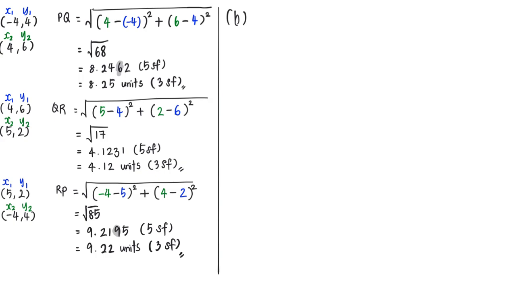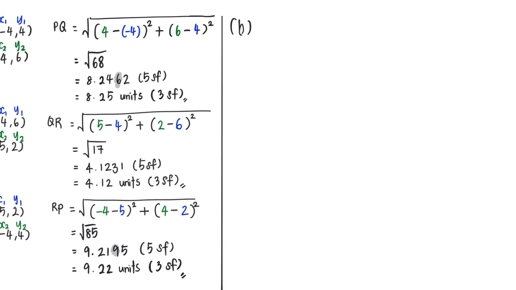So this is what I'm going to do. I'm going to first find PQ square plus QR square, which will be equals to square root 68 bracket square plus square root 17 bracket square, and this gives me a value of 85.